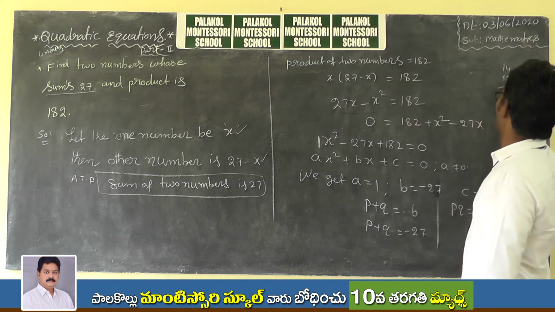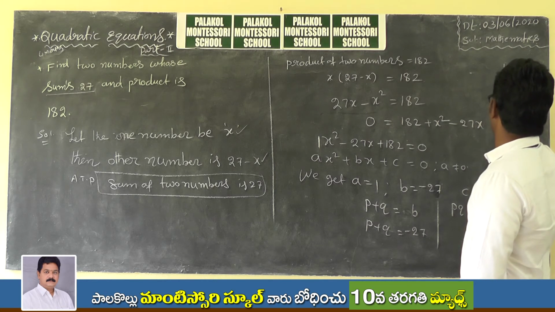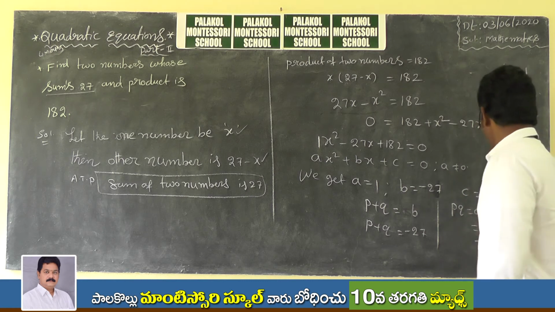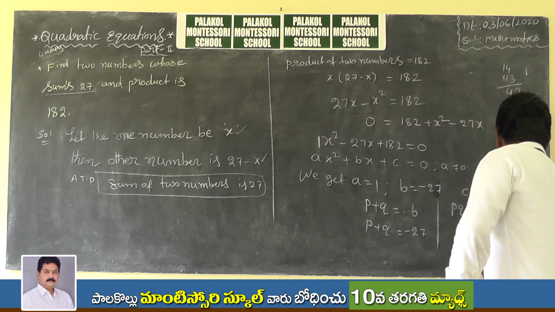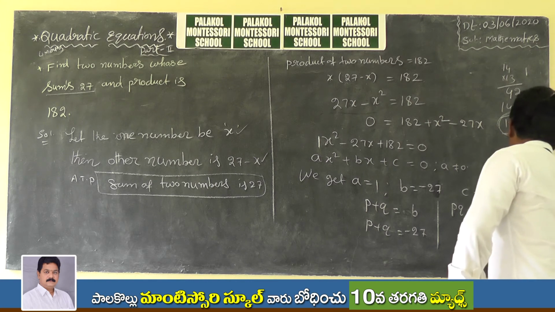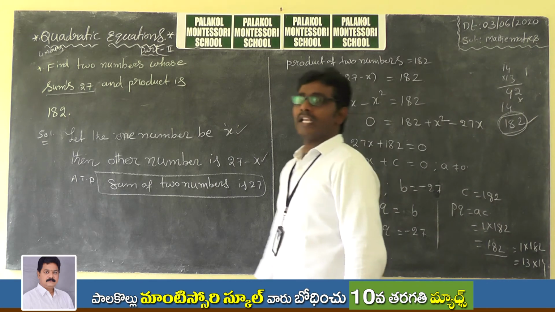Leave it. 1 14 is 14. 2 8 1, so 182 you get. So what are the factors of this one? 1 into 182 and 13 into 14. 13 times 14 is 182.